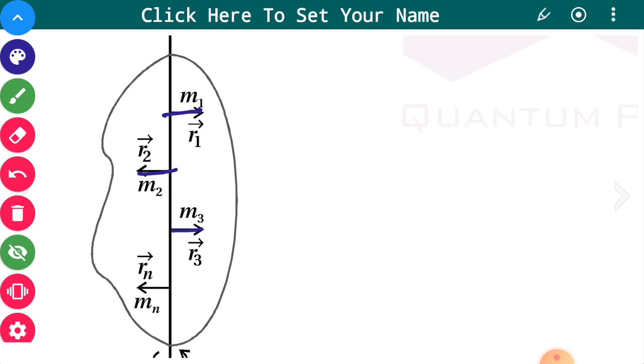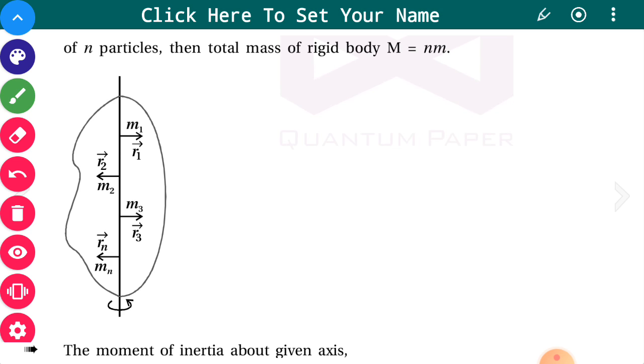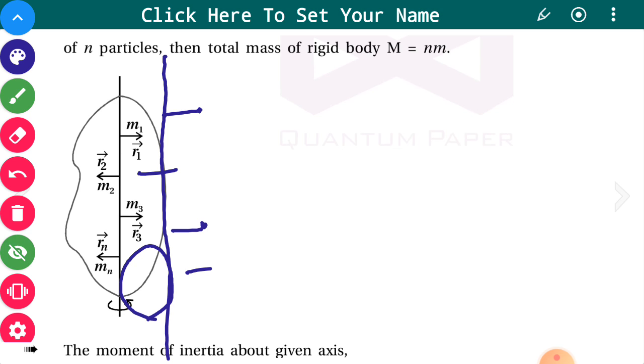Similarly, third particle whose mass is m3, distance is r3. And the nth particle, mn and rn are the respective quantities. mn is the mass of the nth particle and rn is the perpendicular distance of the nth particle from the axis of rotation. Now, as you know, there are n particles and their masses are different, we have taken.